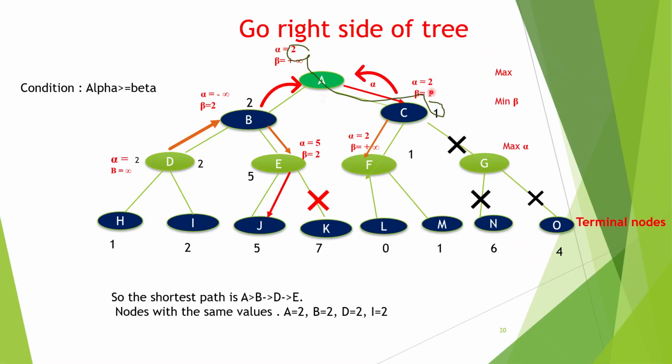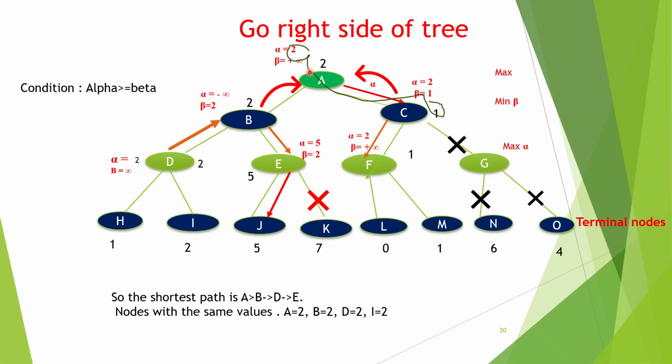So go backtracking from C to A. Now it's the maximizer's move. The alpha value here is 2, and the node value of C is 1. Compare 2 and 1. Which is maximum? 2. So leave it. Now take the nodes with the same value.